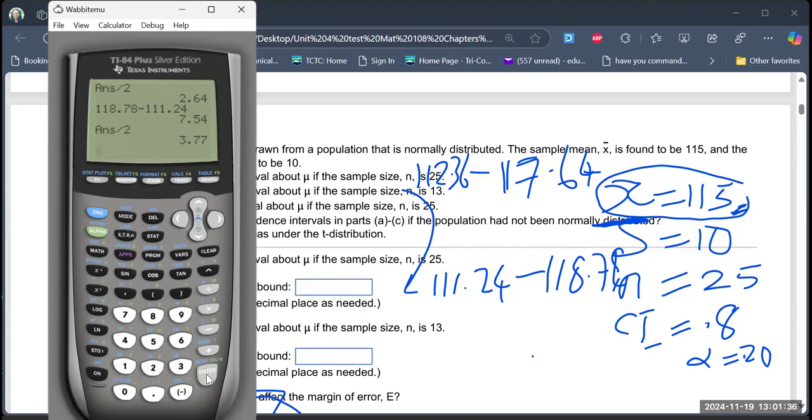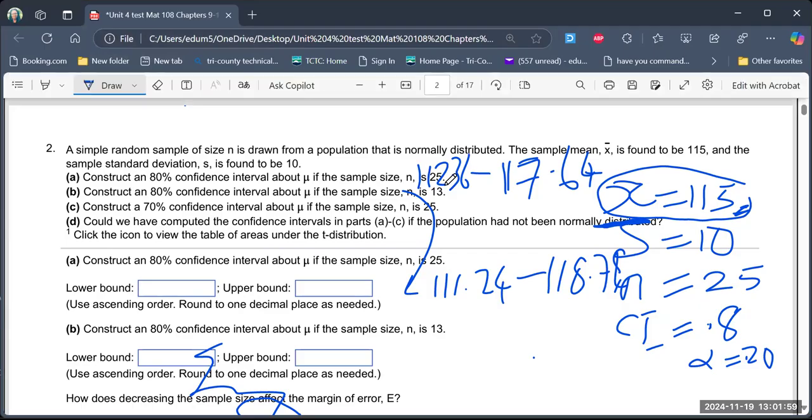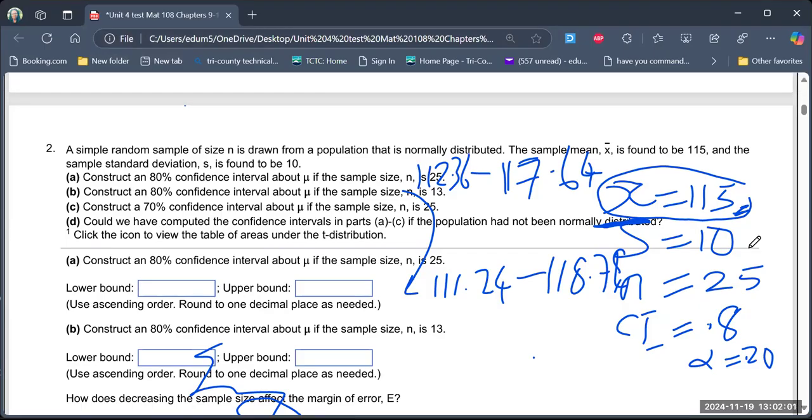Type 2 error. Accepting the null hypothesis when it's actually wrong is an error. So for the decrease in sample size, you're not even supposed to say it that way. You just have to say that there is an increase in margin of error. But if you actually say it that way, that's good.